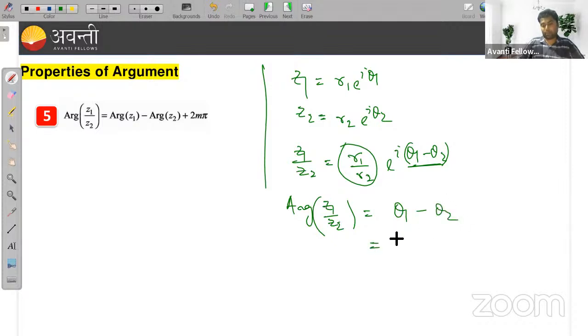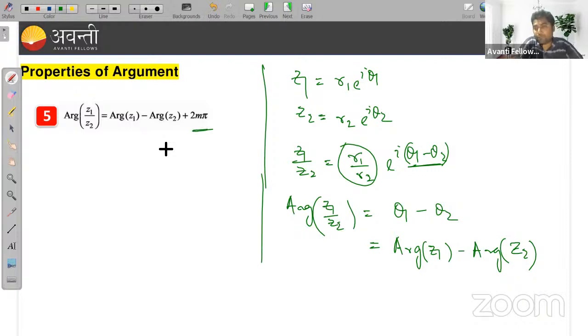So from here, in place of theta 1, we can write argument of Z1, and in place of theta 2, we can write argument of Z2. Similarly, we are adding here 2m pi because argument is a multi-valued function. Clear? Done? Chalo, let's move to the next property.